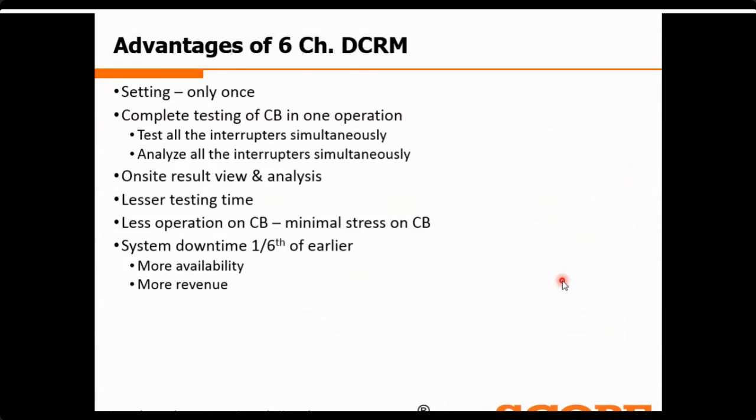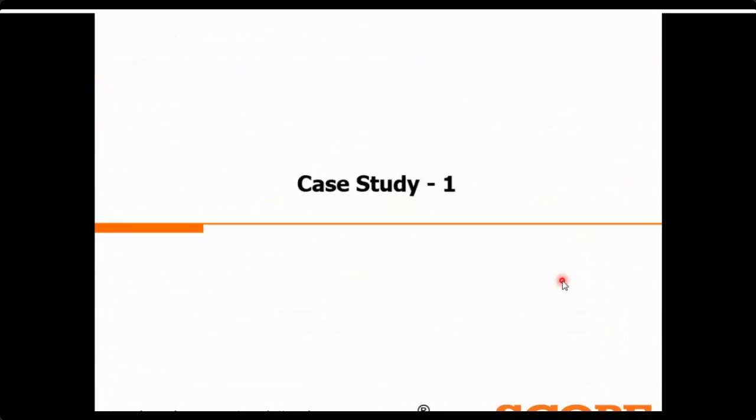But nowadays, the main practice is that we connect all interrupters simultaneously. So the testing time will be very, very less. For that, we have more availability of power, and the revenue will be more for the utilities.